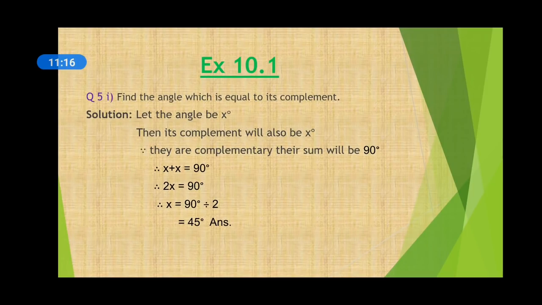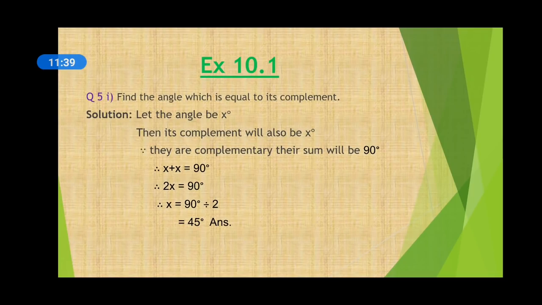Look at question number 5, first part. Find the angle which is equal to its complement. So let the angle be x. Since it is equal to its complement, the complement will also be x degree. And since they are complementary angles, their sum would be how much?